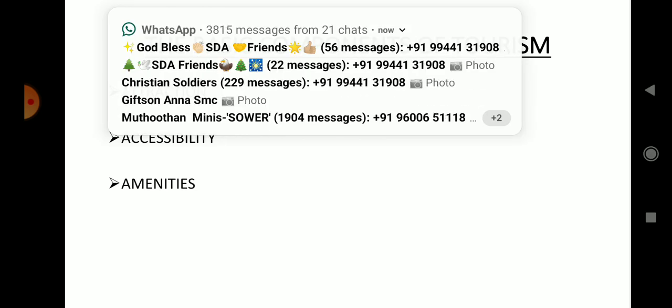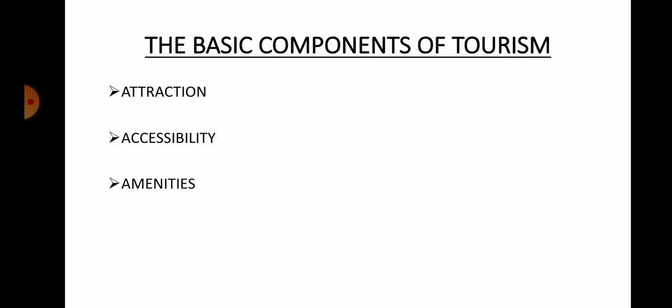So, what are the important components of tourism? What are the important things needed for tourism? There are three important things needed for a good tourism. One is attraction, another one is accessibility, and the third one is amenities. Attraction. What is attraction?